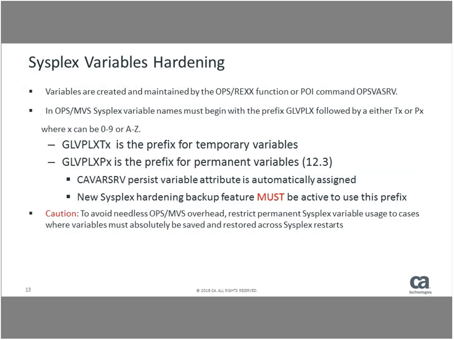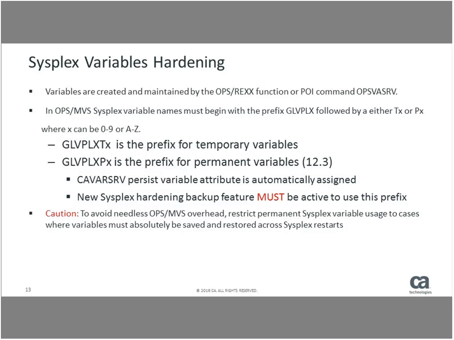The one thing that we do caveat on here is because we have all these reads going across the SYSPLEX into this VSAM file, we do not recommend putting hundreds of thousands of variables into here, because it will cause some issues with your CPU usage, because it is going to do that read and write every time you do an update to one of these variables.